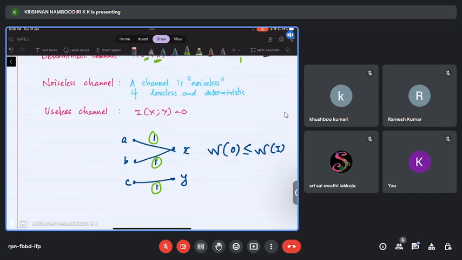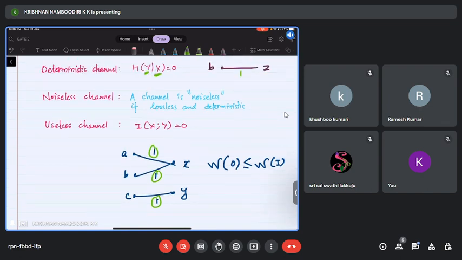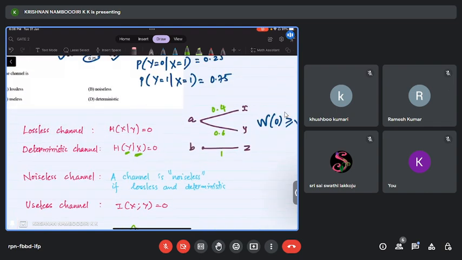So in this case, if I know X, say if I say the input is A, then the output is X, right? There is no confusion. In the case of lossless, if I transmit A, there is a confusion in the output. It can be X or Y. But there is one difference in the lossless case. If I receive something, say if I receive X, there is no confusion in the input.